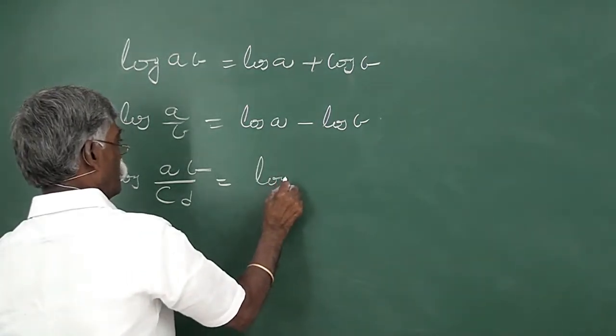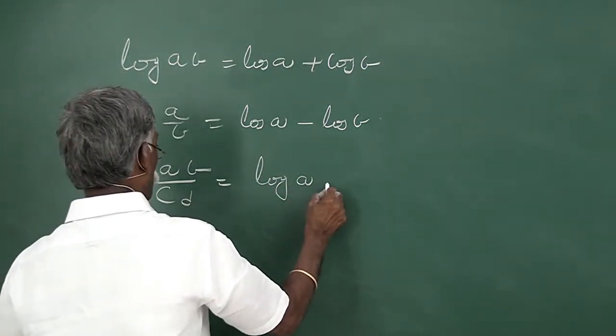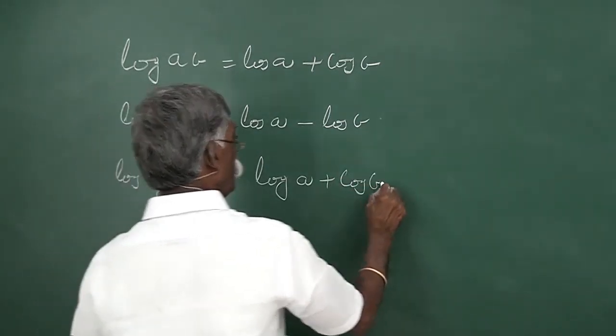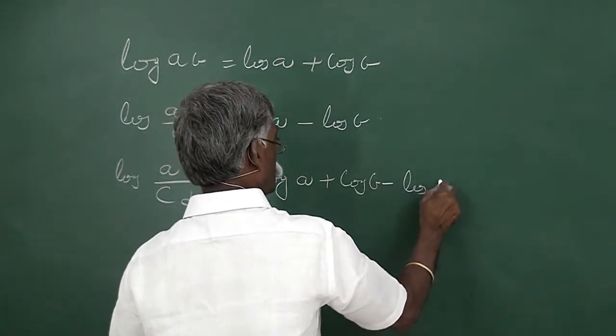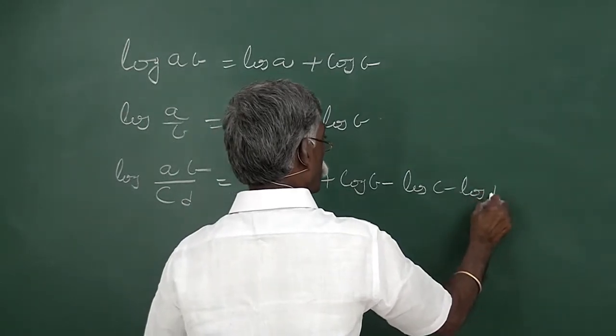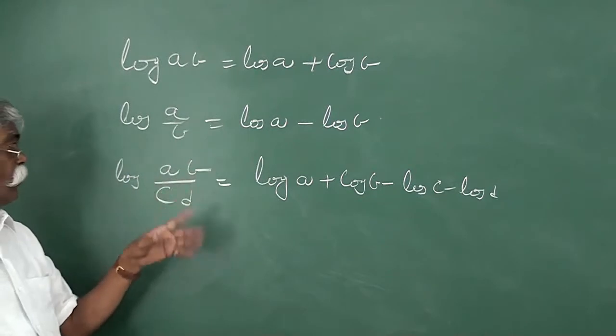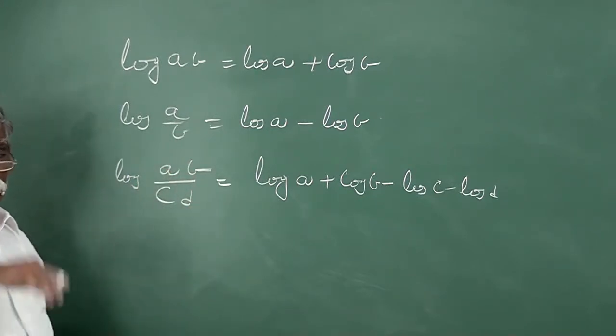In the numerator, they both are multiplying, therefore it is log A plus log B minus log C minus log D. So according to this principle, it is log of AB minus log of CD.